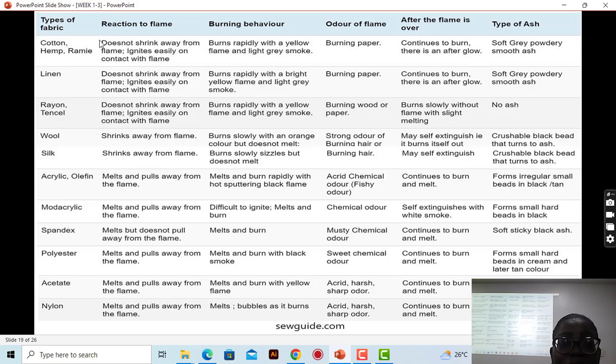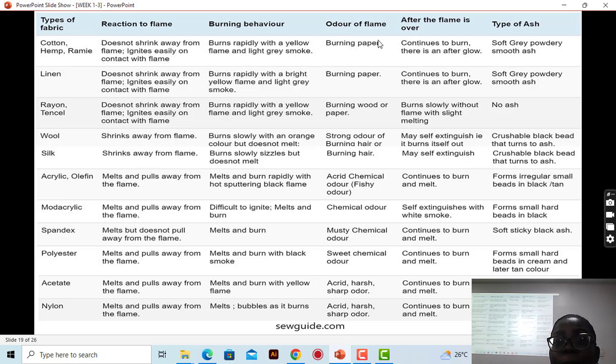So these three fibers behave the same way. This tells you that hemp and ramie are natural fibers. So they do not shrink away from flame, and ignite easily on contact with flame. Burning behavior: they burn rapidly with a yellow flame and light gray smoke.